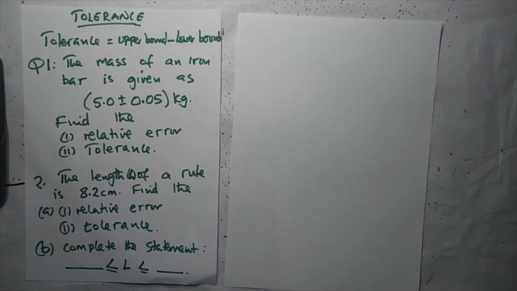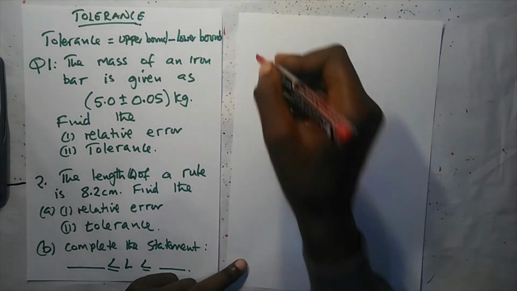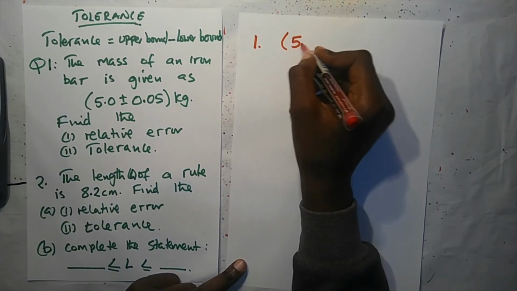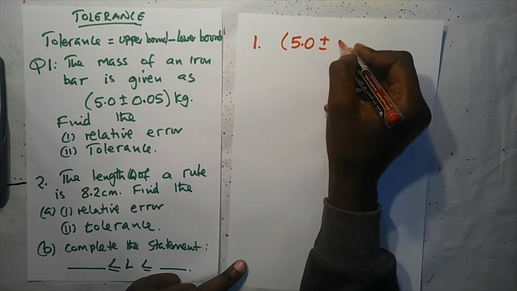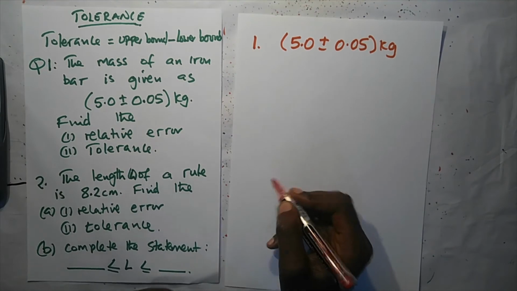In the first question, the mass of an iron bar is given as 5.0 plus or minus 0.05 kg.